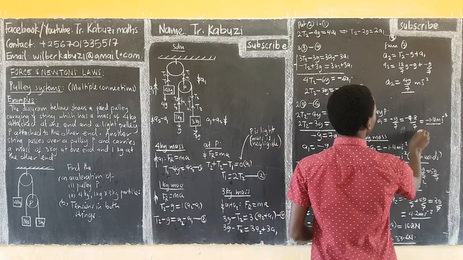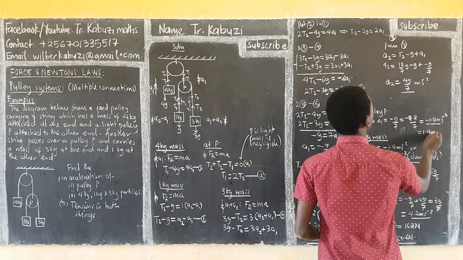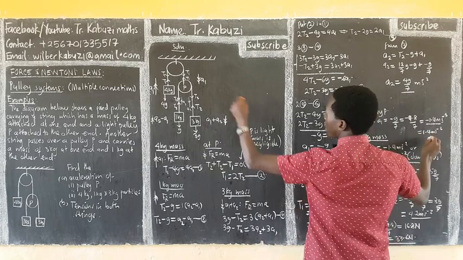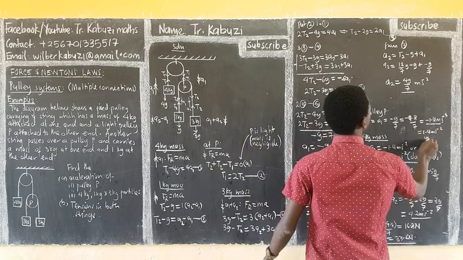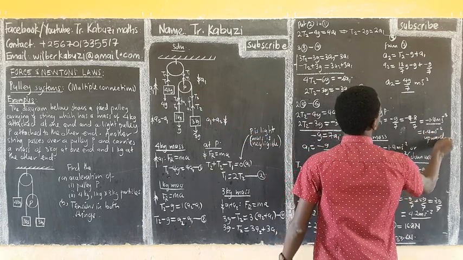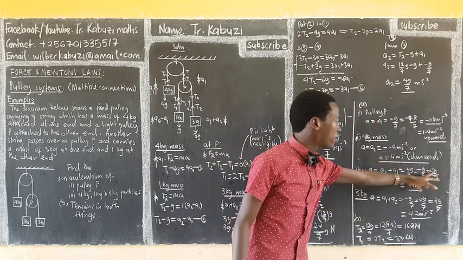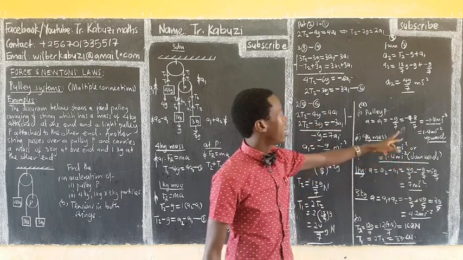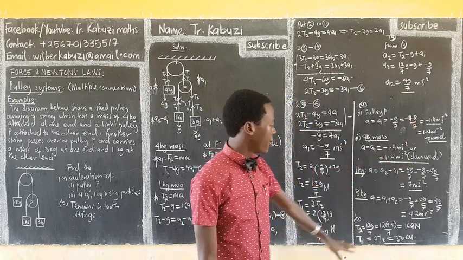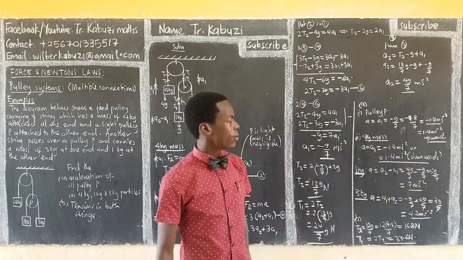So this one can be 1.4 meters per second squared. Now it's downwards, then you say upwards, and you ignore the negative. Then here, the idea was to put in the b. Remember, our b is 9.8. Then when you substitute in there, that's what we have there.